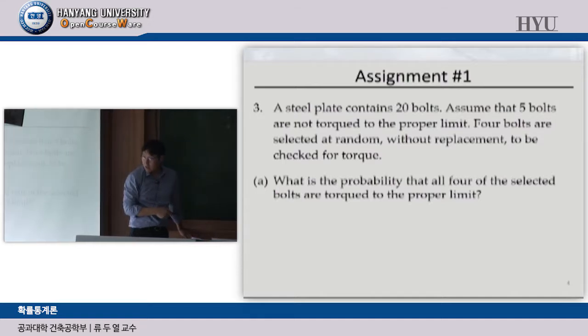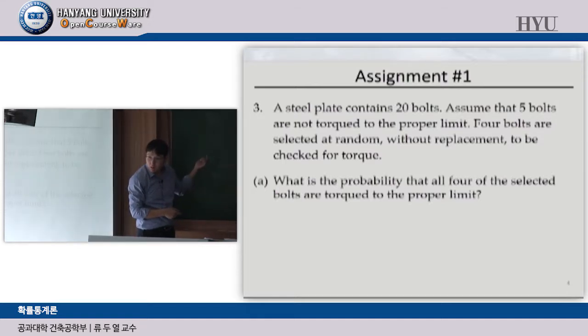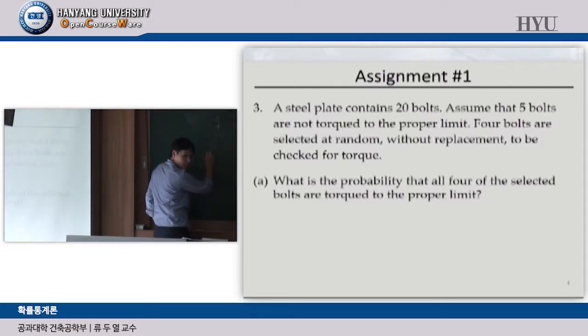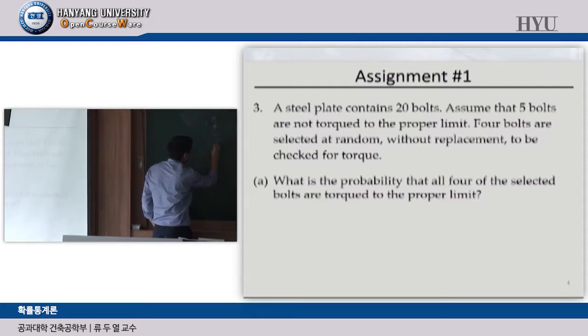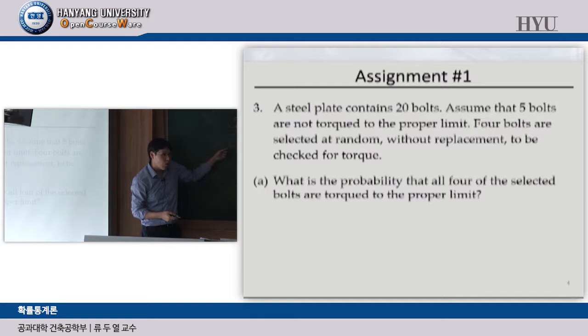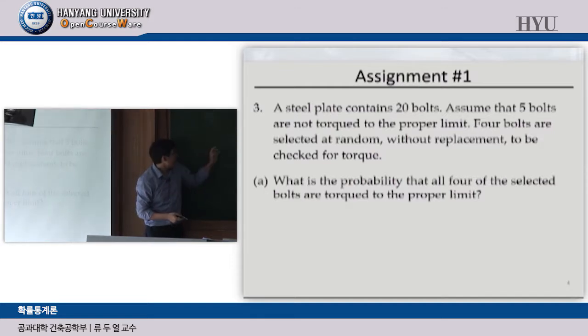Okay? And we have to find the probability. So what should be the denominator? There will be the combination of 20 choose 4. So this is the total number of cases in which we can select any 4 bolts, right? And this is the number of cases in which we can select 4 bolts with a proper limit.